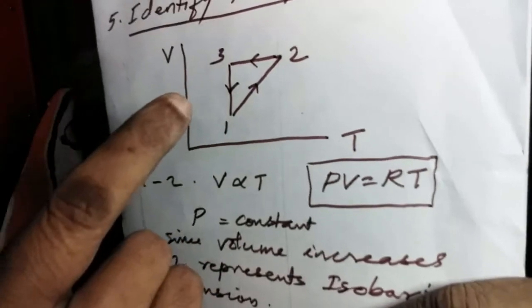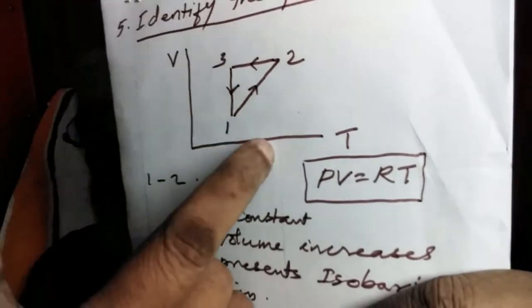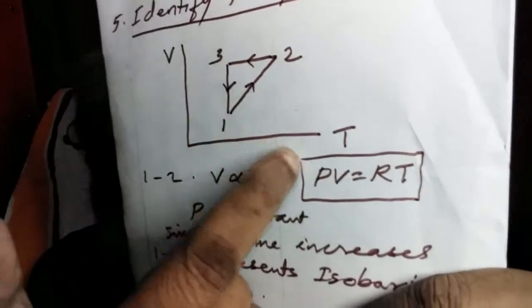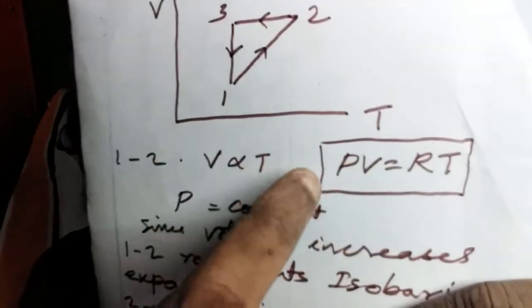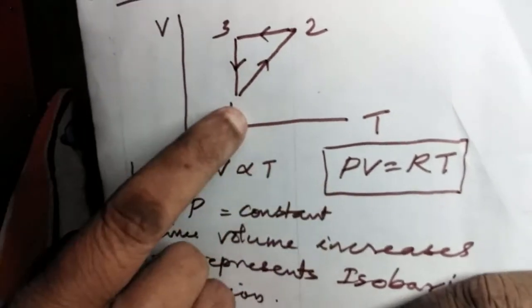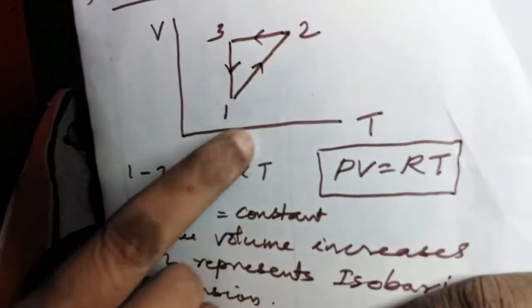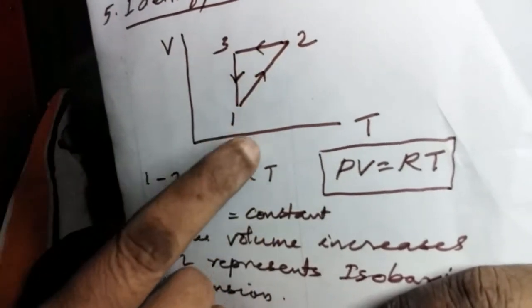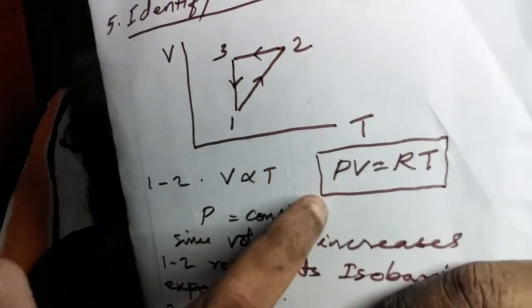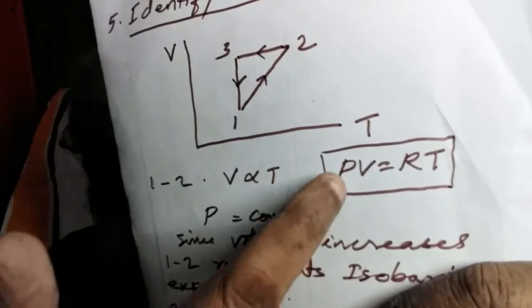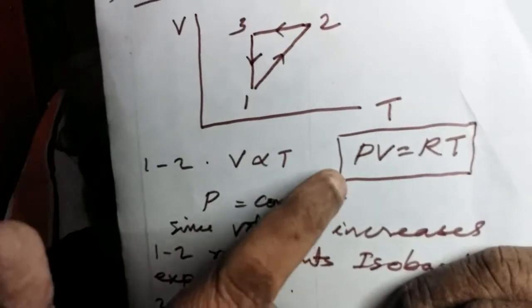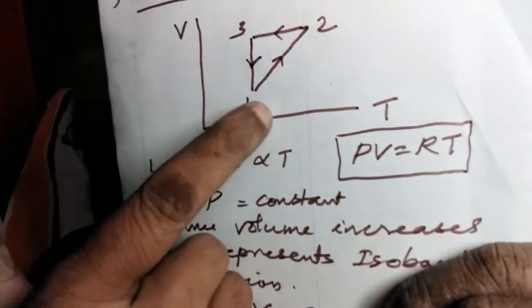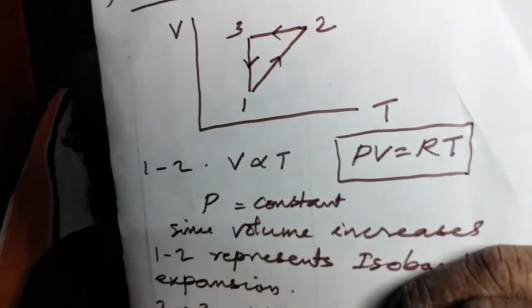For a straight line graph, the two coordinates must be proportional. So here V must be proportional to T. That means P must be a constant. So this graph 1 to 2 represents an isobaric process. P is a constant. This is an isobaric process here.